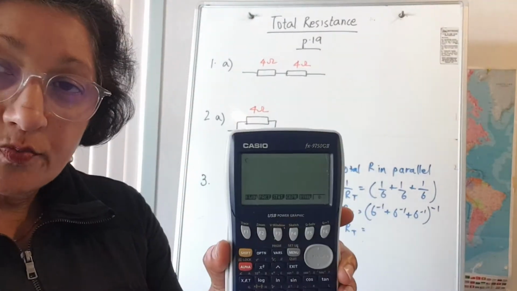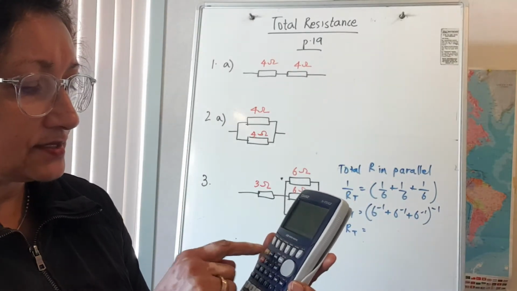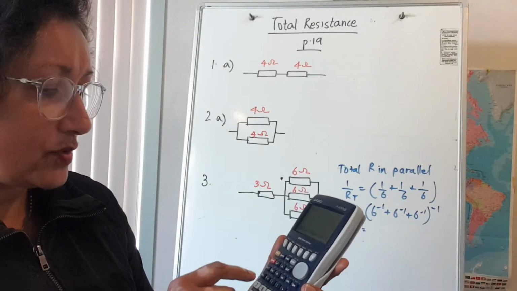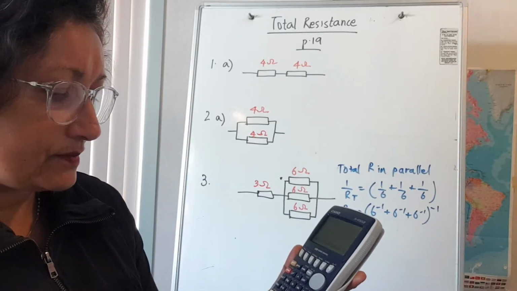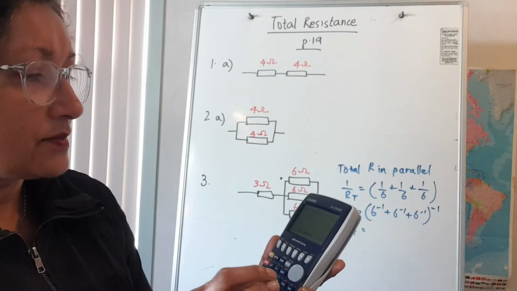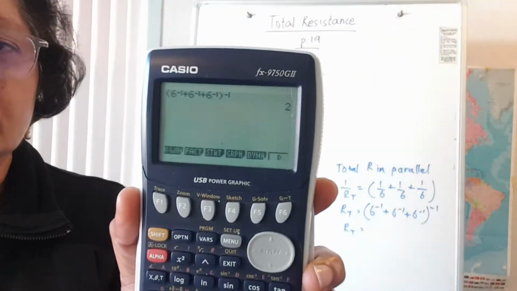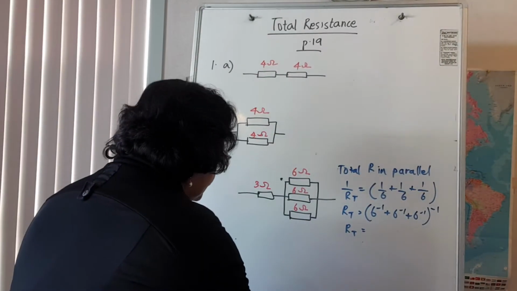So you always open brackets. If you don't open brackets, you're not going to get the correct answer. So you just go 6 to the power of negative 1 plus 6 to the power of negative 1 plus, once more, 6 to the power of negative 1, close bracket, power of negative 1, and your answer is 2.